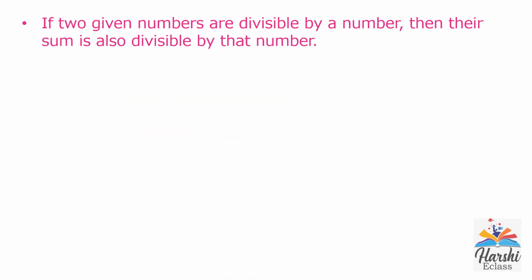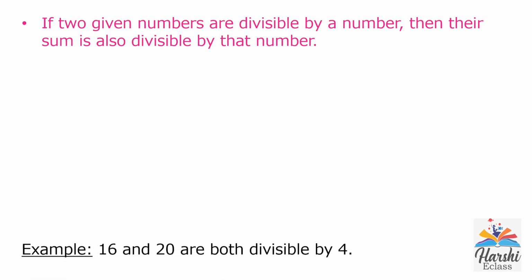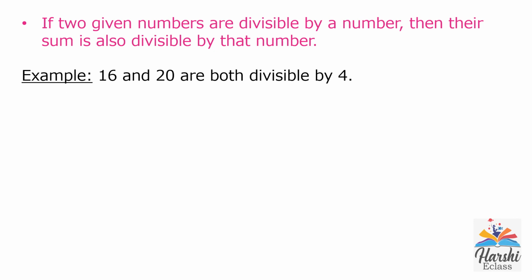Next rule, if two given numbers are divisible by a number, then their sum is also divisible by that number. 16 and 20 are both divisible by 4. Example, 16 and 20. 16 is divisible by 4, 4 4s are 16. 20 is also divisible by 4, 4 5s are 20.